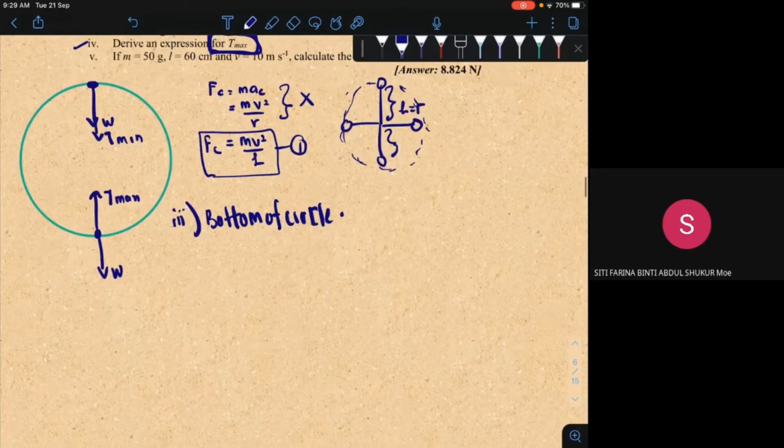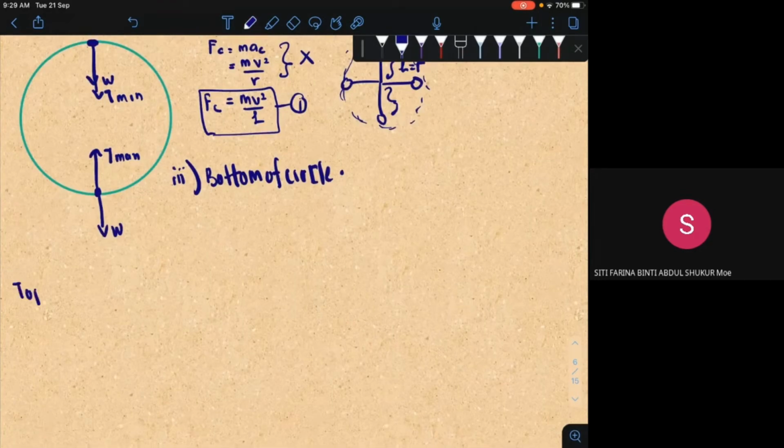When your object is at the top, you're going to have T dekat bawah dan juga weight dekat bawah, and your object has a centripetal acceleration and force downwards. Both ini downwards. So kita akan ada summation Fy is equals to MAC. So it is Fc is equals to MAC.